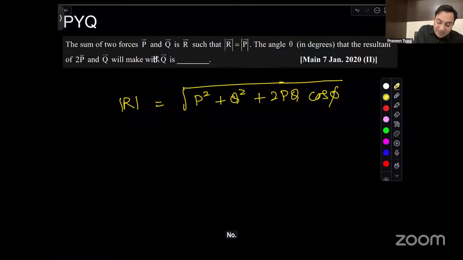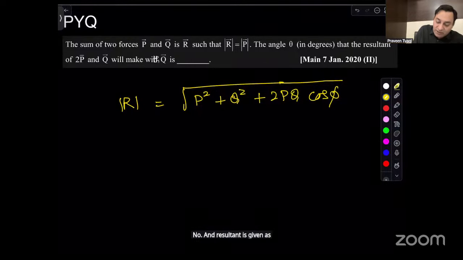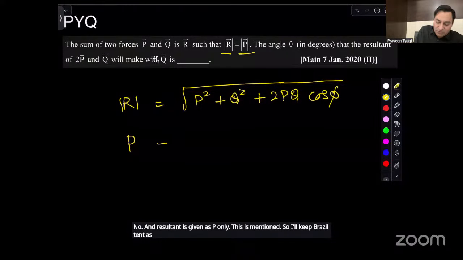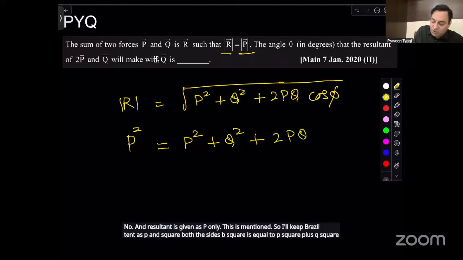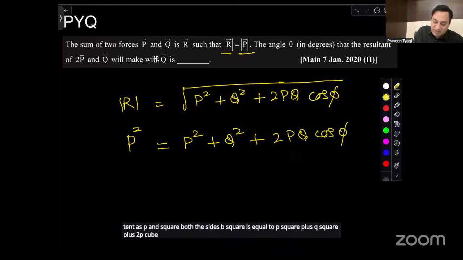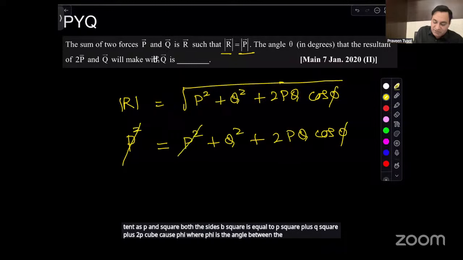And resultant is given as P only. This is mentioned. So I'll keep resultant as P and square both the sides. P square is equal to P square plus Q square plus 2PQ cos phi, where phi is the angle between the two vectors, and these will get cancelled.